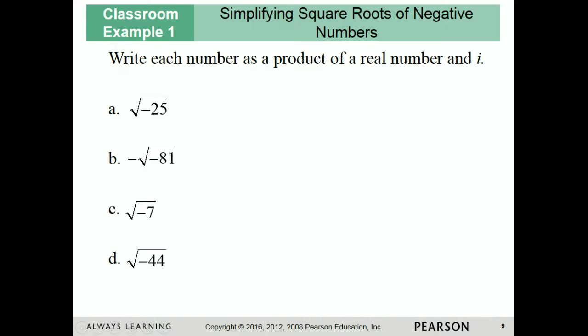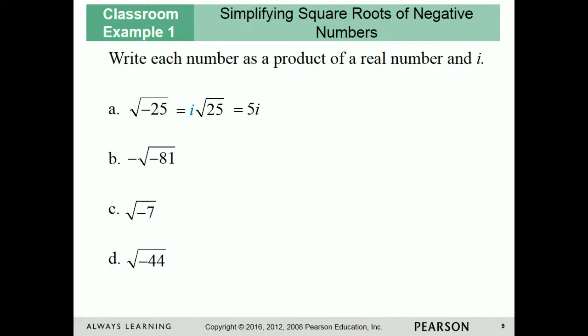In A, we're taking the square root of negative 25. First, convert it to the format that includes the lowercase i, because we basically took out that square root of negative 1. Now we just take the square root of 25, and the answer is 5i.